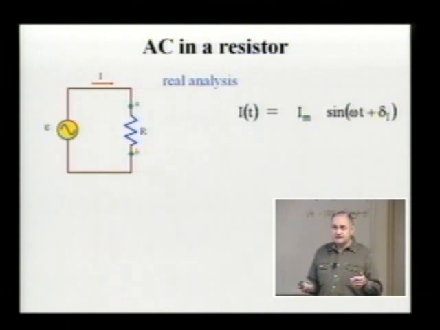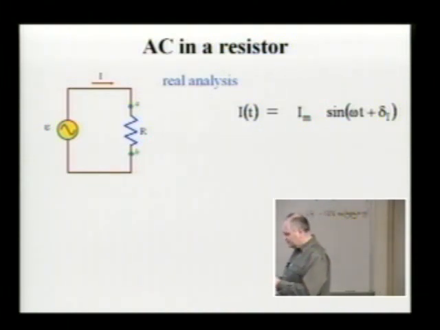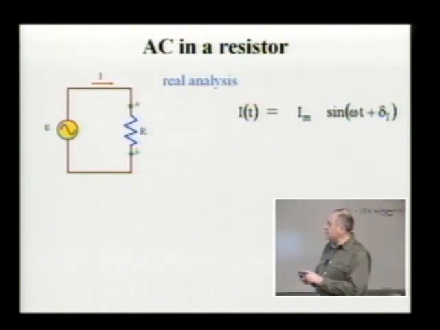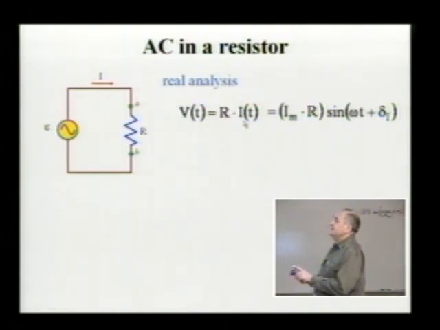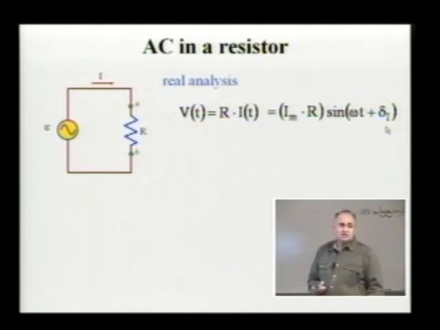these quantities, what are the values of these quantities for voltage, and how they are related to the values for current. For voltage I have to multiply current by resistance. So if I multiply current by resistance, I will get peak value of the current multiplied by resistance, and that's it. This function wouldn't change.